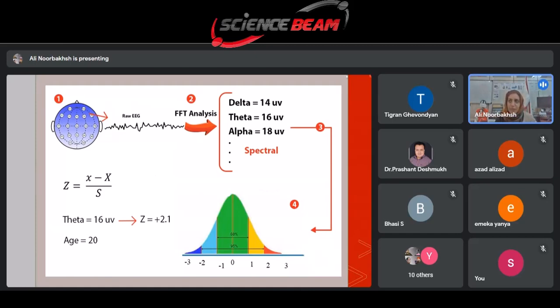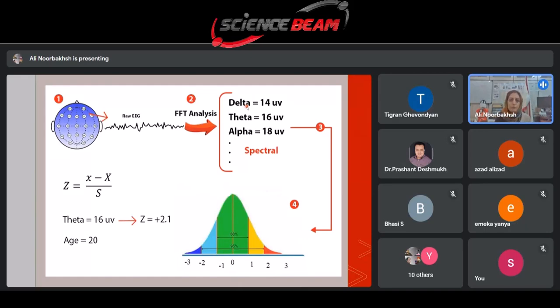For the first step, you can see the head. We record EEG from 19 points. After FFT analysis, or fast Fourier transform, we get the power of each frequency band: delta, theta, and alpha.